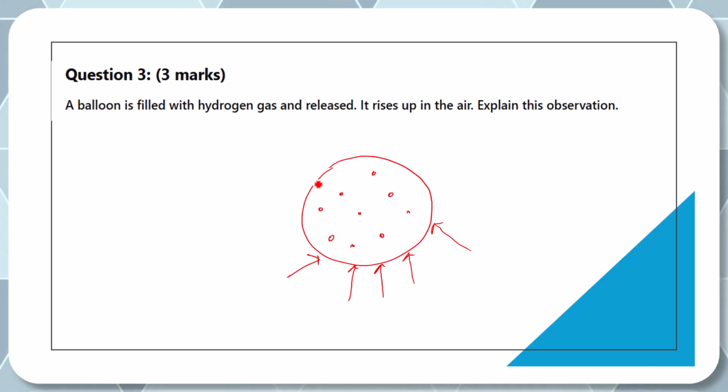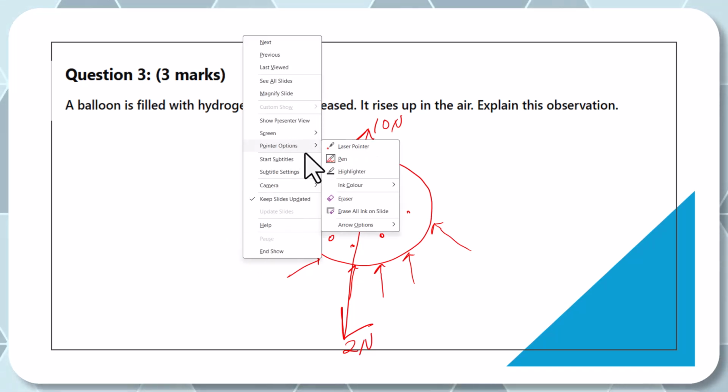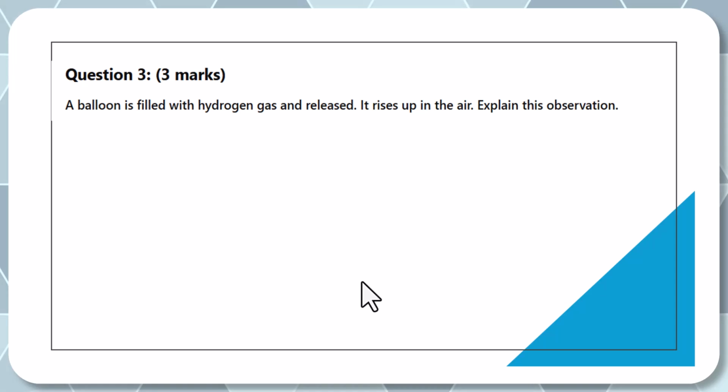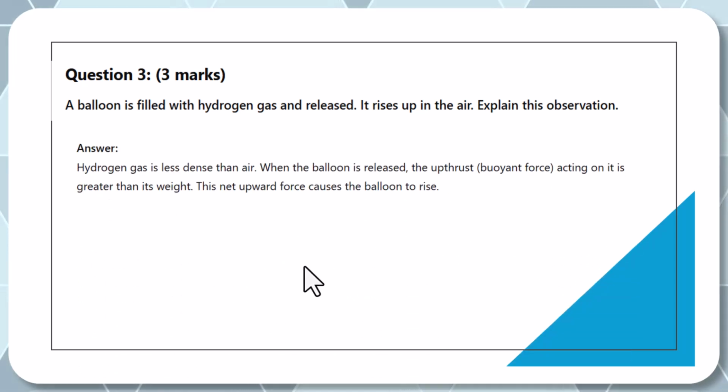But because it's less dense, it means that the weight due to it, let's say, for example, is 2 newtons, would be less than the forces that these air particles are exerting on it. That would be more, probably let's say 10. So you see that the net force acting on it is 8. 10 take away 2 is 8 going up. Because of that, the balloon is going to rise up, because the force exerted on it from the bottom, called upthrust, will be more than the weight.